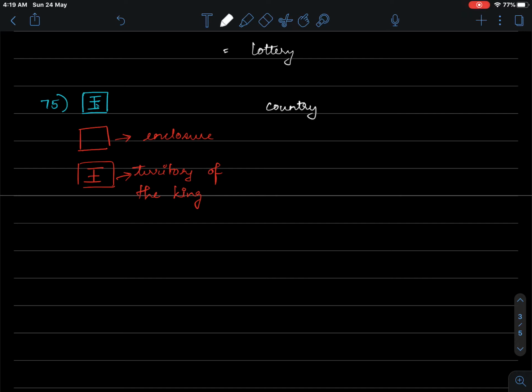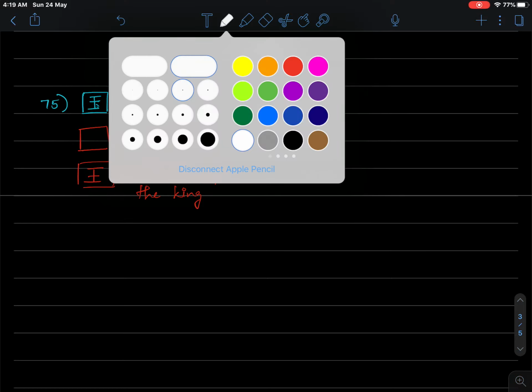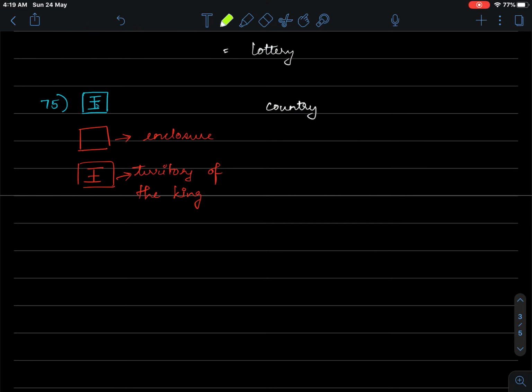But for now, remember this to be country. And don't forget that last stroke which we have missed here only for the purpose of explaining the meaning. Okay, let's have a look at the on and kunyomi now. Very simple, they're one each. So kuni and koku. Kuni and koku.